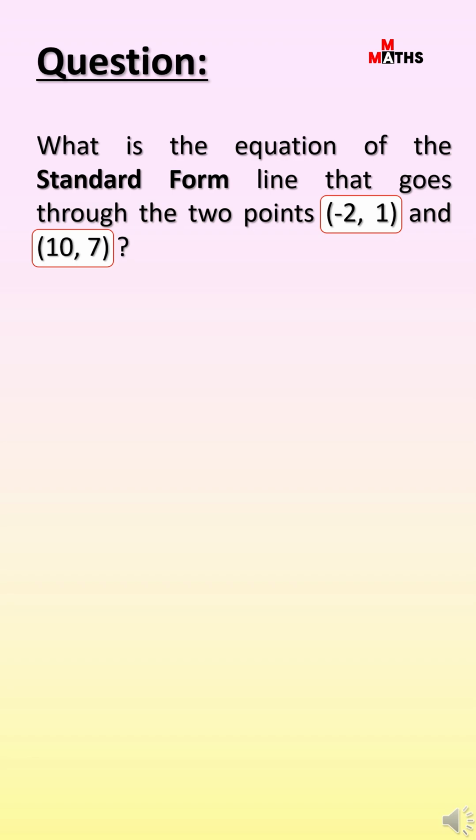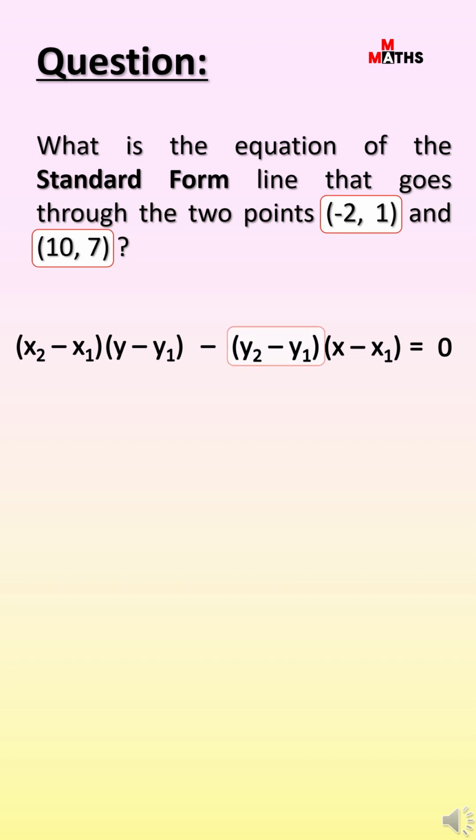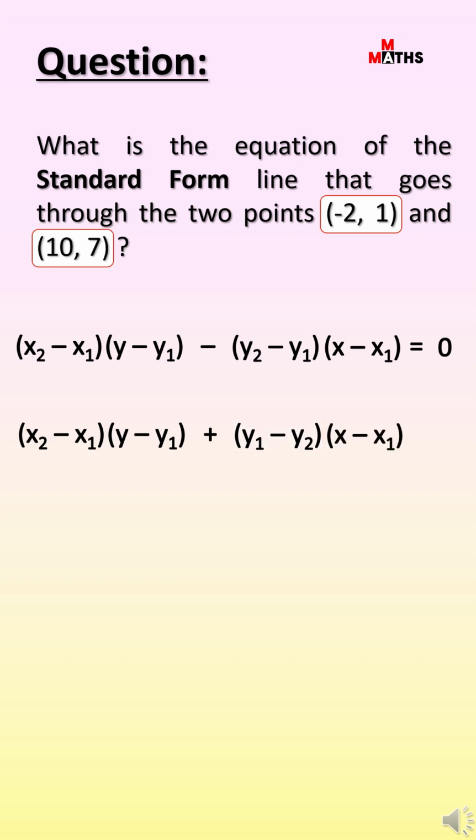So starting from the previous page, if we change the order in that third bracket, so instead of y2 minus y1, we have y1 minus y2, that effectively negates that quantity. The equivalent statement is now (x2 minus x1) into (y minus y1) plus (y1 minus y2) into (x minus x1) equals 0.